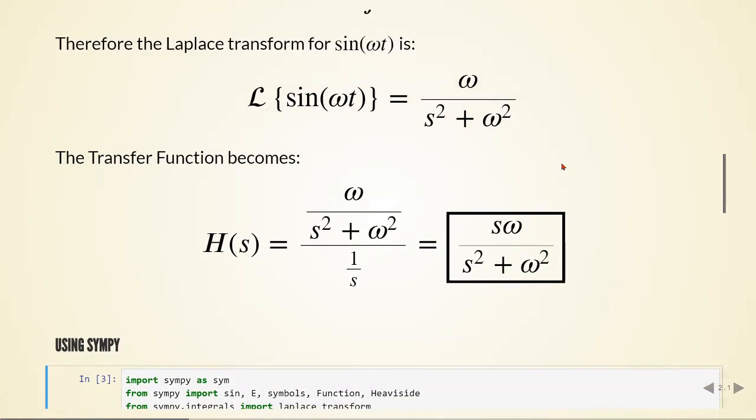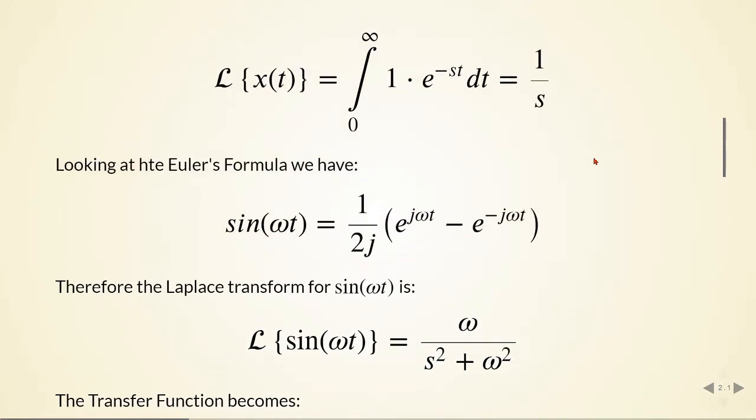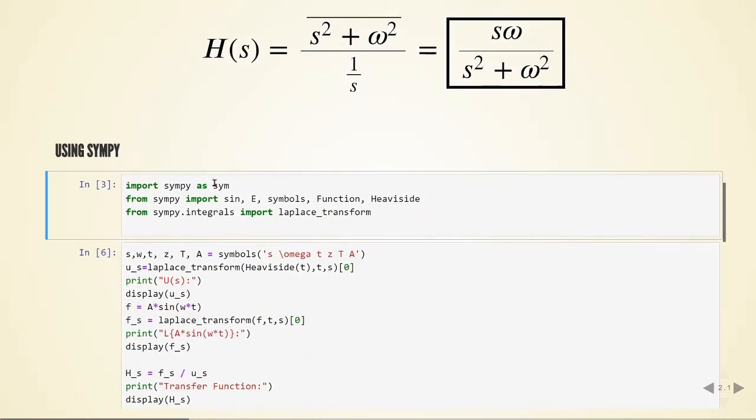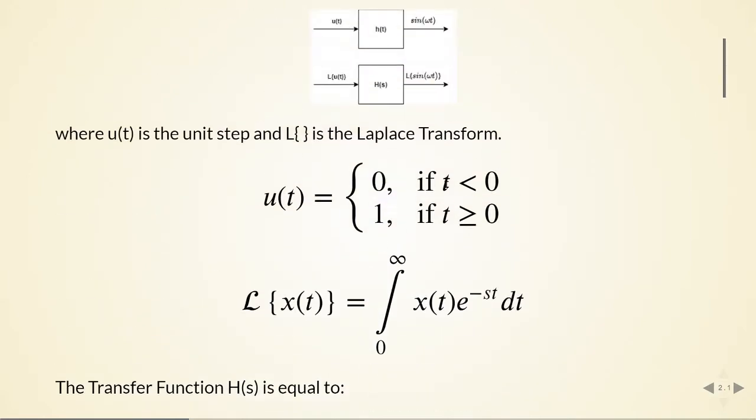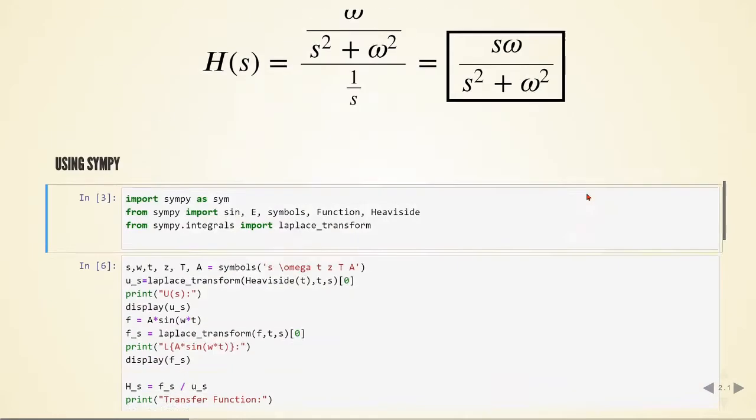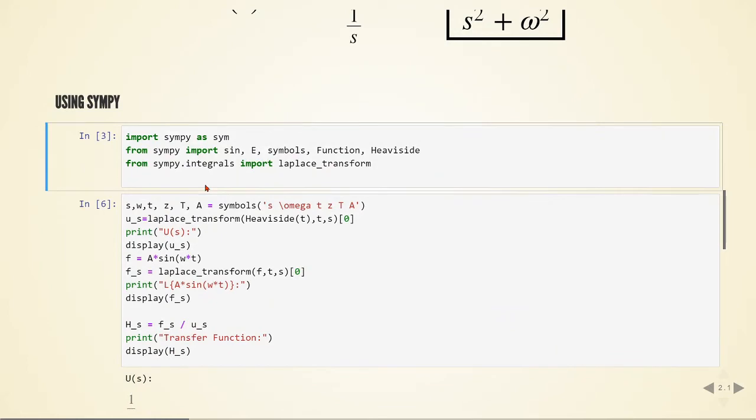But we can also use SymPy to obtain the same results. So here I'm importing SymPy, and from SymPy I'm importing sine, the exponential, symbols, and Heaviside is the name for the unit step function defined here. And then I am also importing the Laplace transform from sympy.integrals.